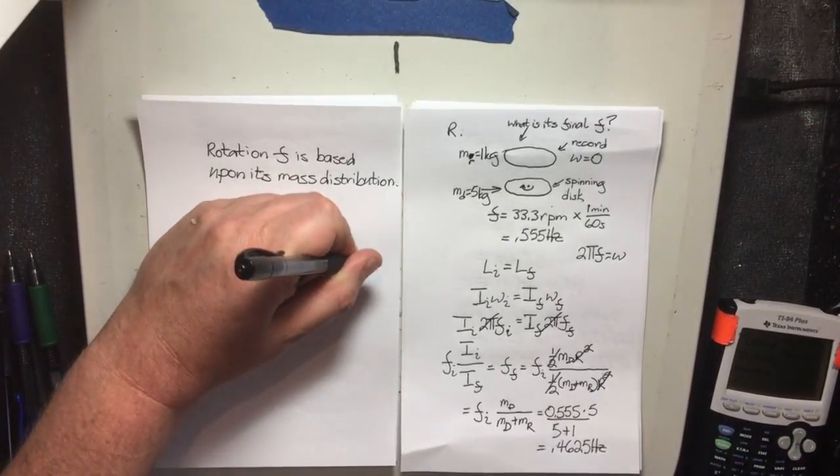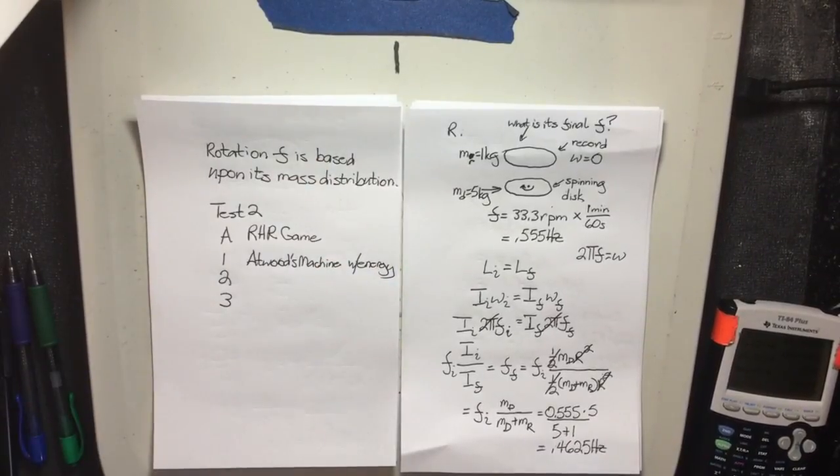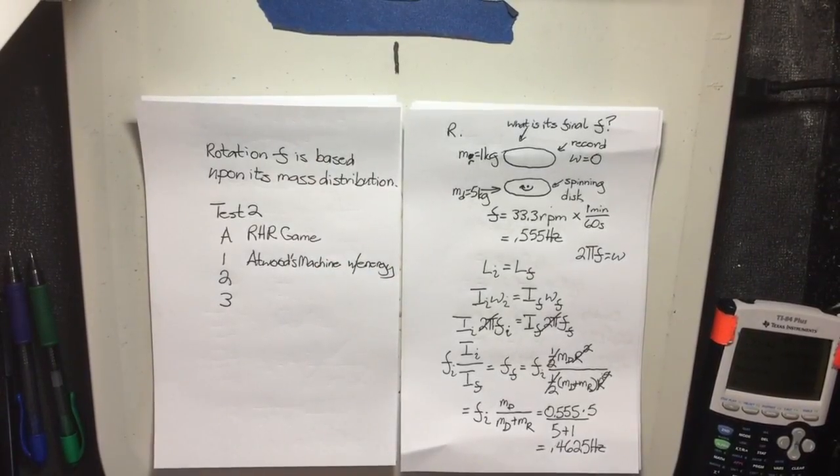The other 3: Atwood's machine with energy, Dr. Eschenberg's rule on Atwood's machine and tests. Every test in 213 will have an Atwood's machine problem on it until we all master it, which means it will be on 213 tests and finals forever.